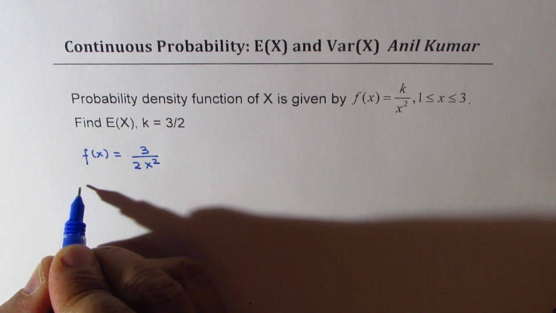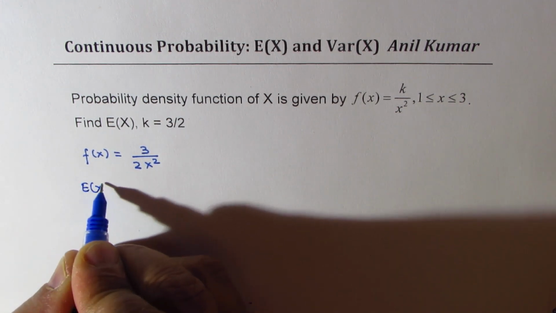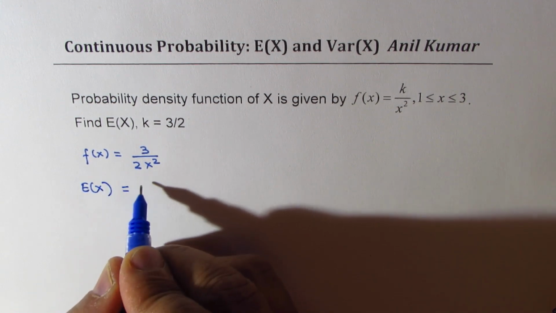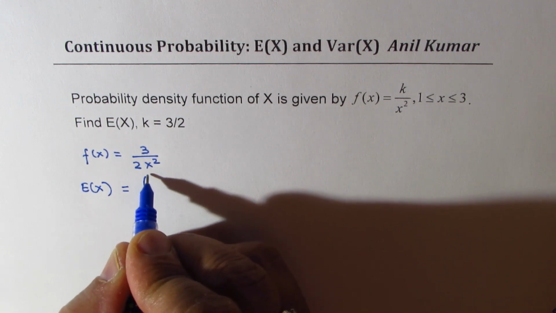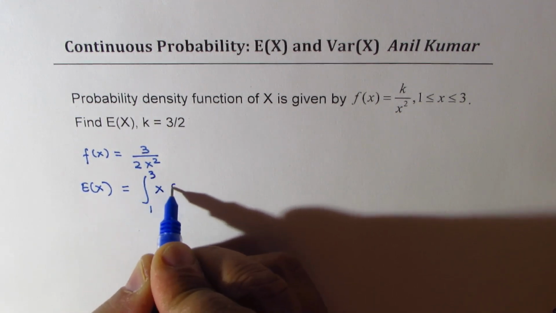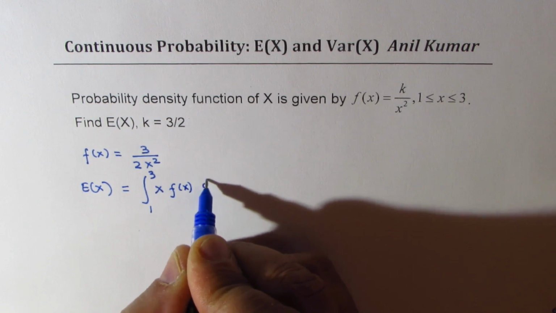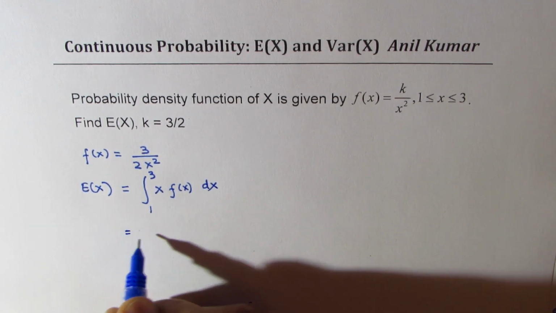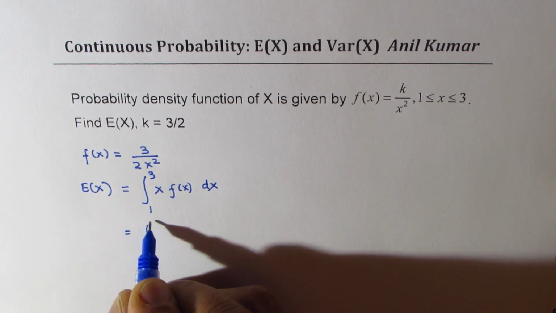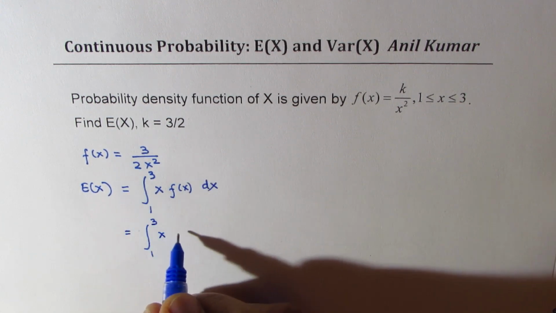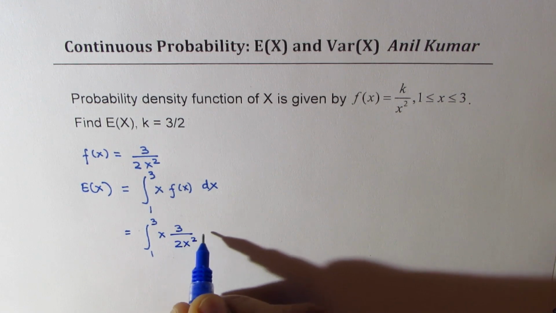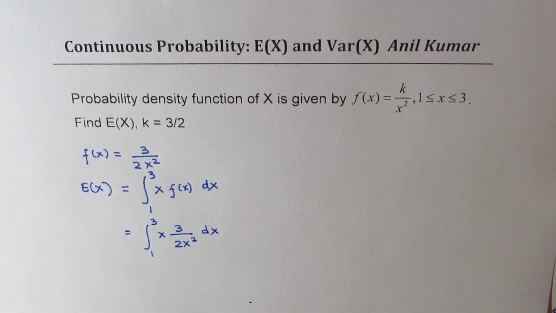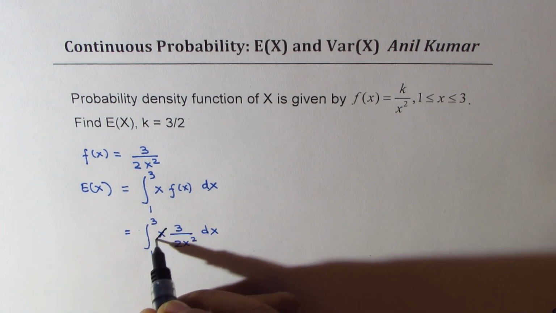Now, what is expectation? Expectation can be calculated as the definite integral between 1 to 3 of x times f of x dx. So what we get here is the integral from 1 to 3 of x times 3 over 2x squared dx. This can be simplified just by cancelling x.